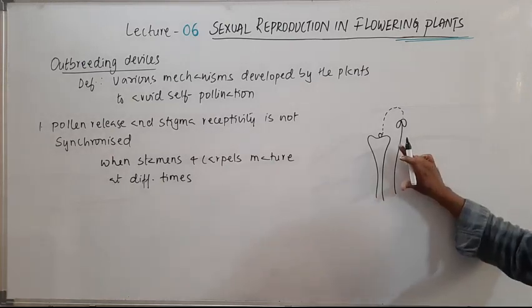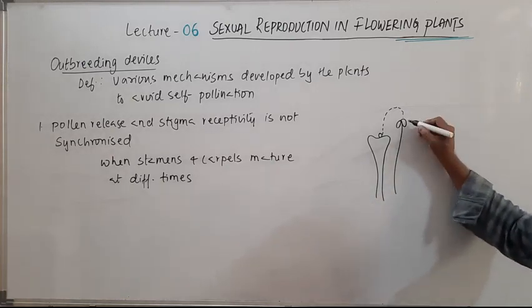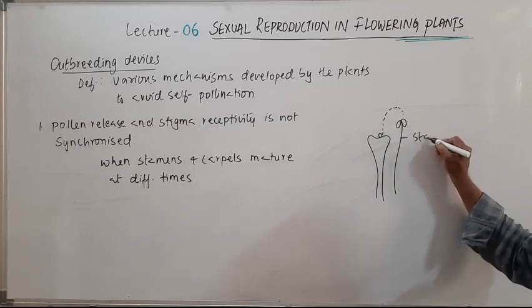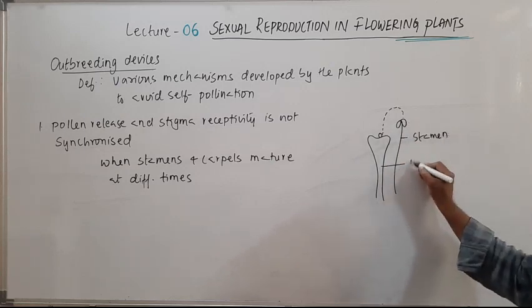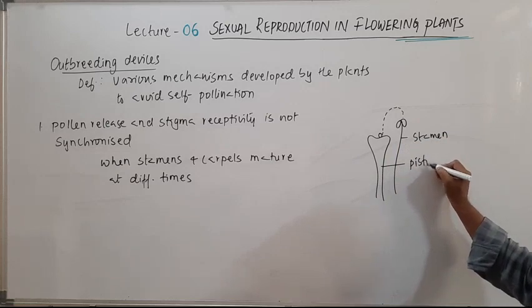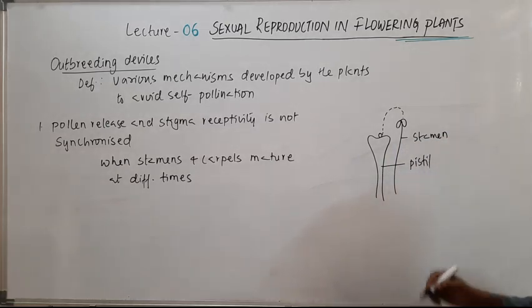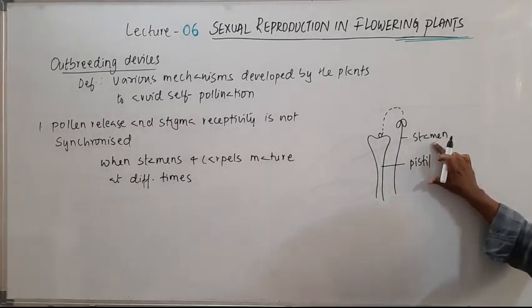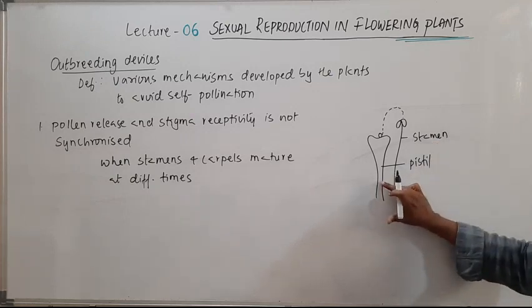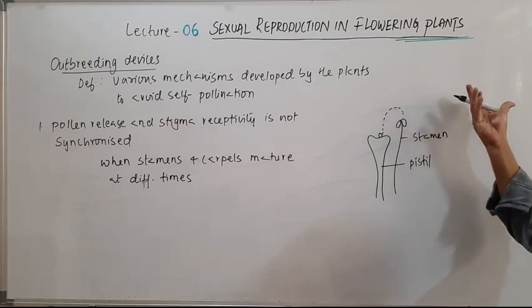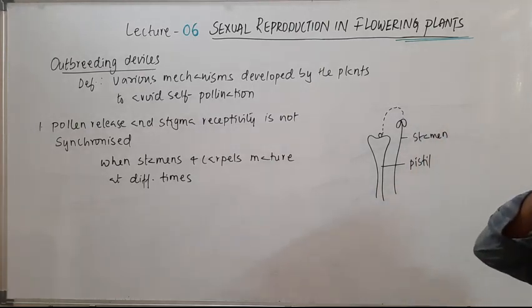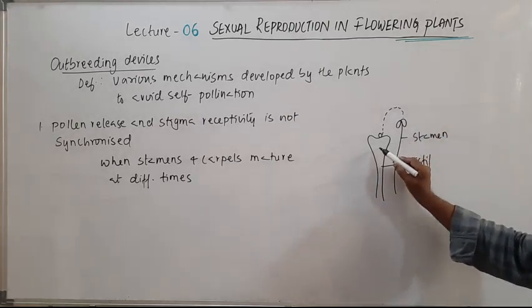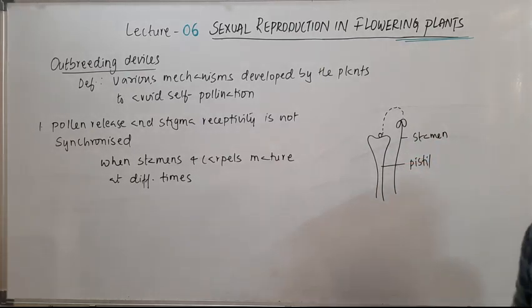So now if the plants have developed a mechanism that the stamen, so we know this is the stamen and this is the pistil, right? So if this stamen matures right before this pistil or the carpel, then even though the pollen grains fall on the pistil, there will be no chance of fertilization, right?